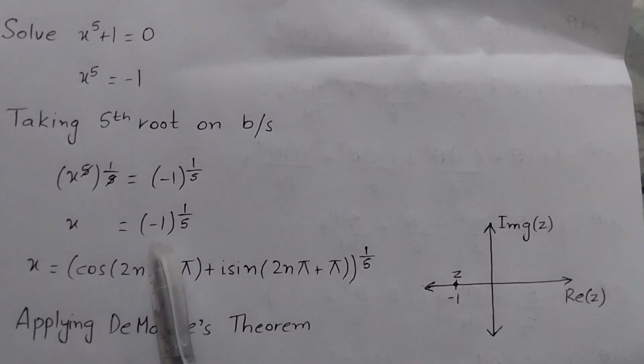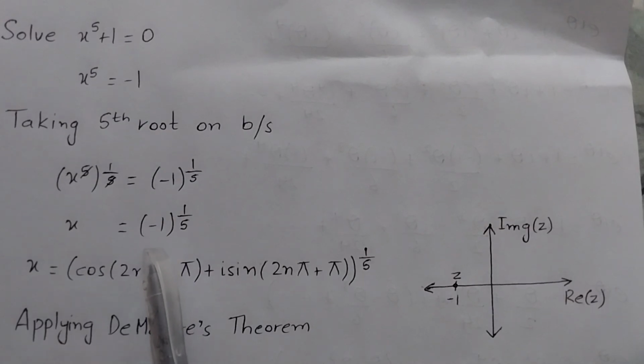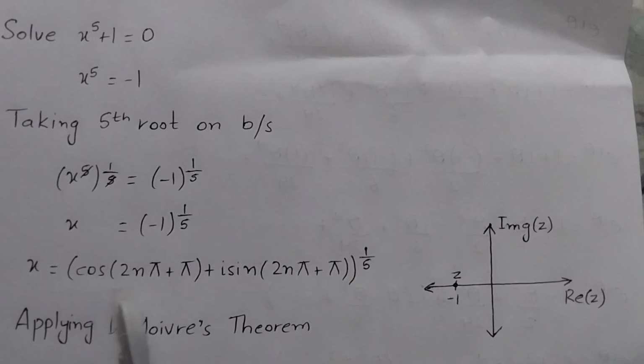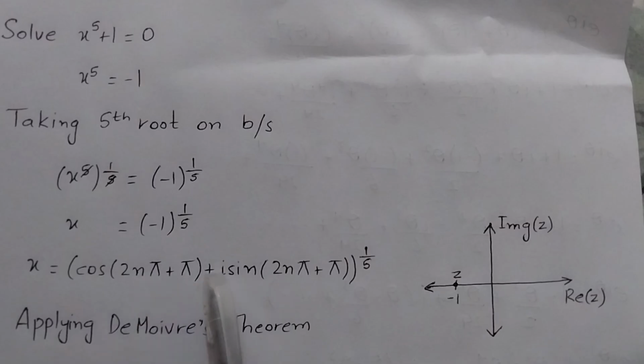So what I want to do is write this minus 1 in the form of a complex number, and that too in polar form of a complex number. So that means there will be cosine, there will be sine, and we have to take the angle in such a way that this whole thing becomes equal to minus 1.